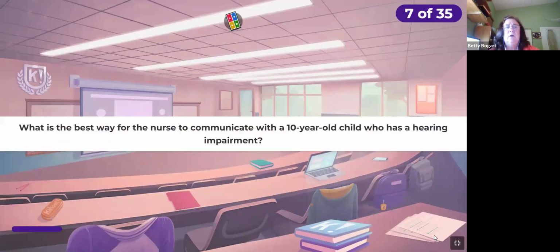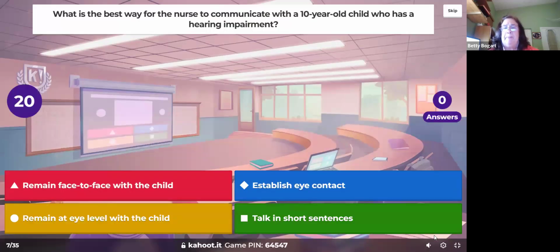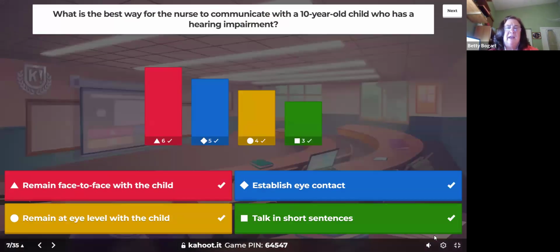What is the best way for the nurse to communicate with a 10-year-old child who has a hearing impairment? So if you can't hear, the best way is you want to be in front of that child, face to face.